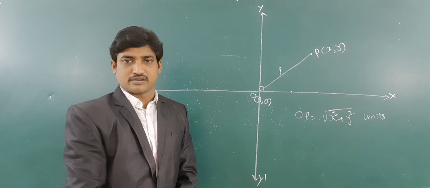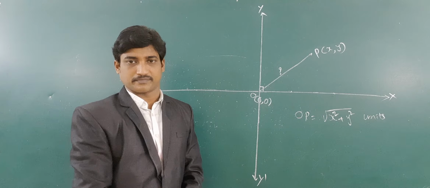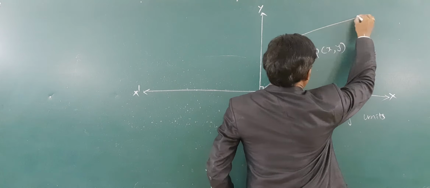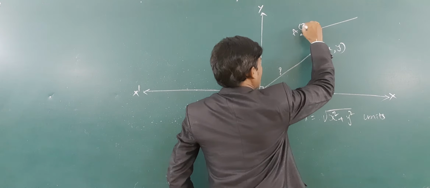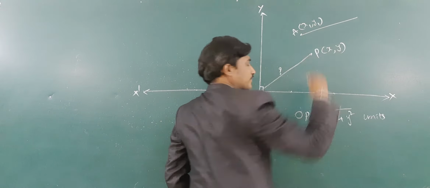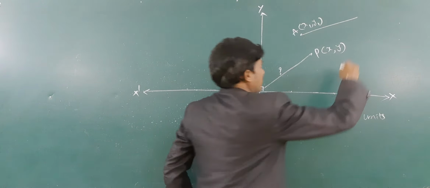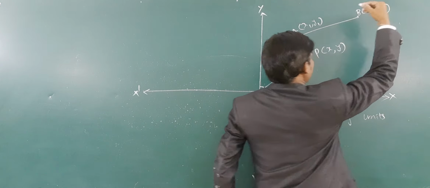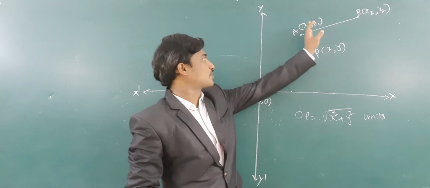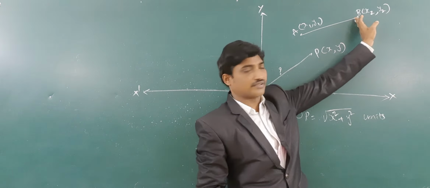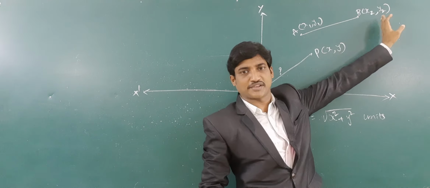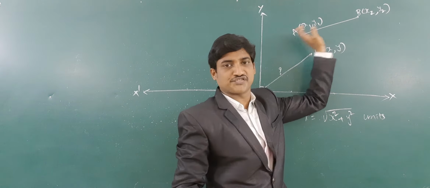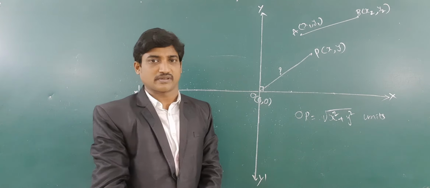If I take 2 points on a coordinate plane, one is A(x1, y1) and B(x2, y2). A is the ordered pair x1, y1, and B is described with the ordered pair x2, y2. Then what is the distance between these 2 points AB?